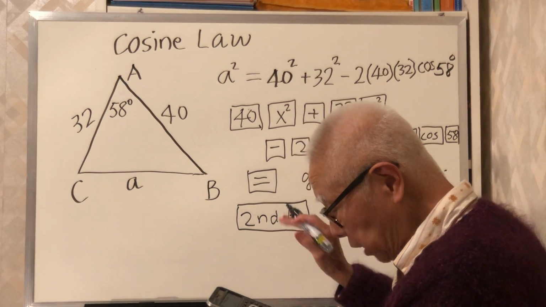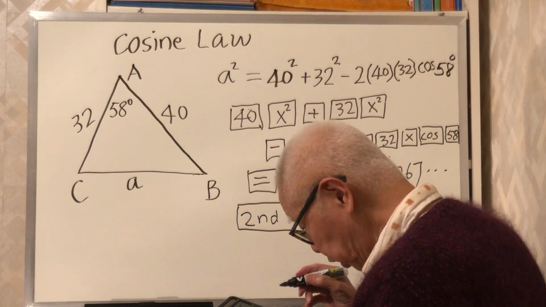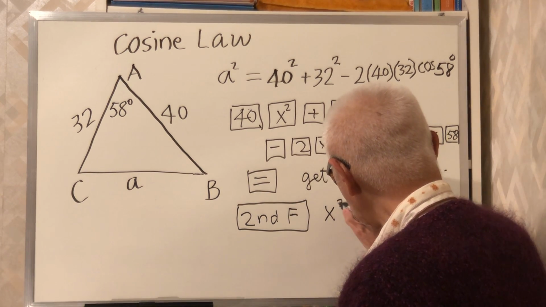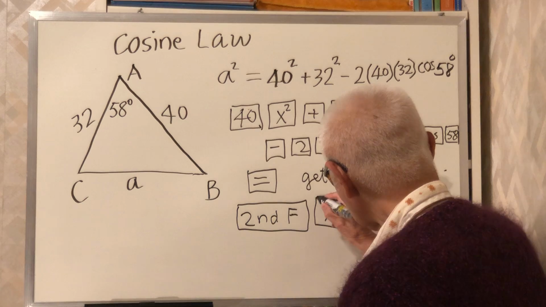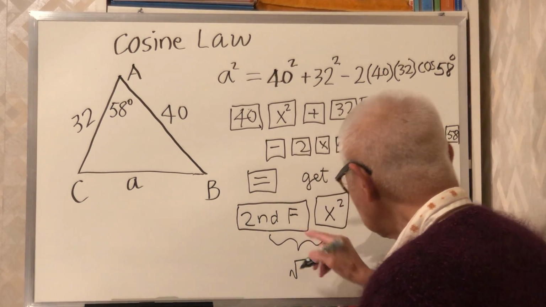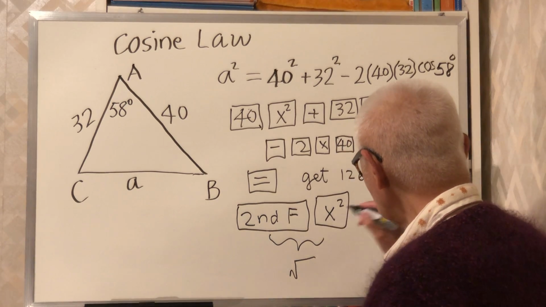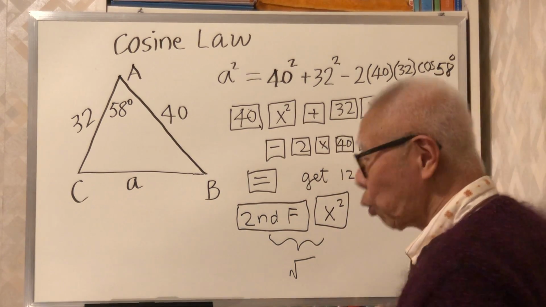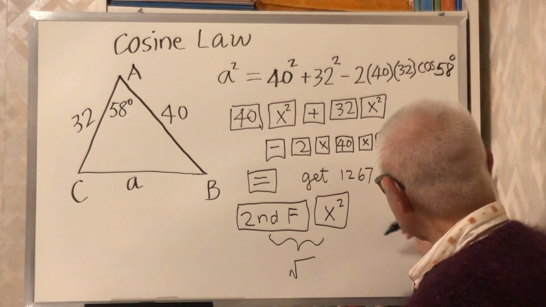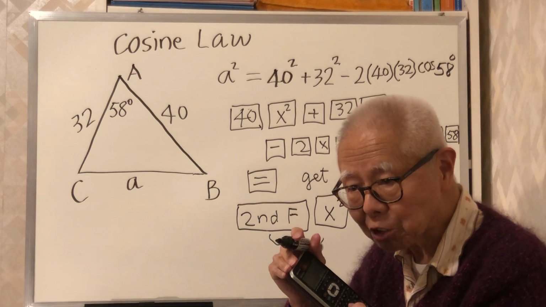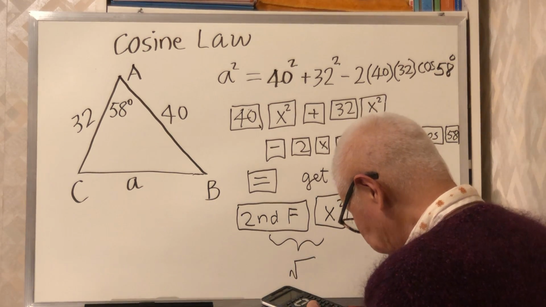So on my calculator, I press the second function first, and then press the X squared button. These two together is square root, okay? And then you have square root. Square root what? Square root this number. This number, you already have it on the calculator. So you press answer.